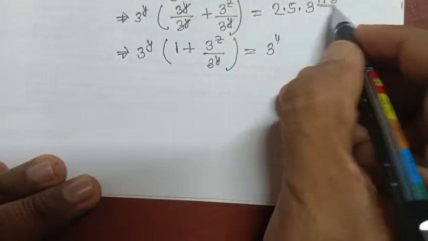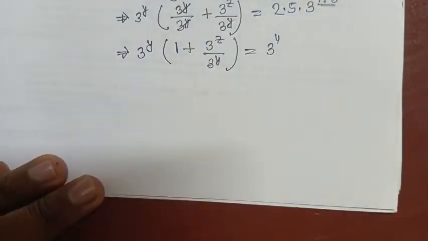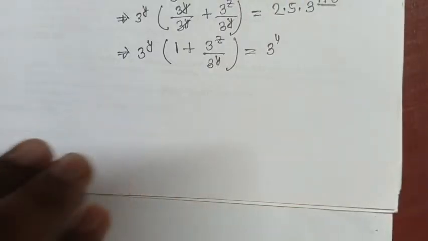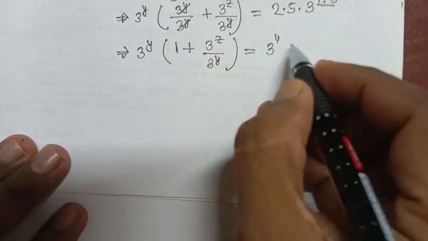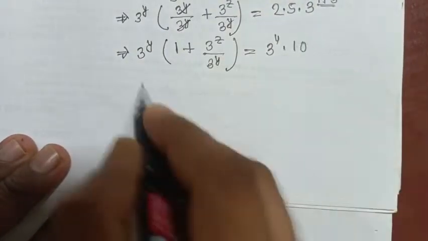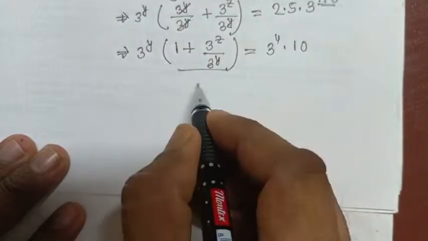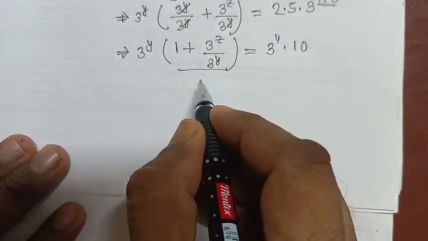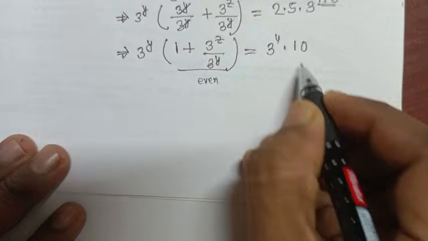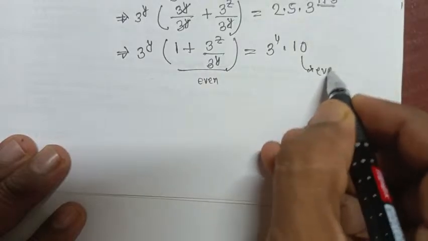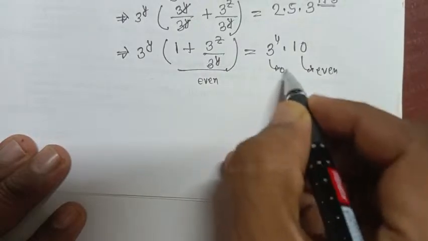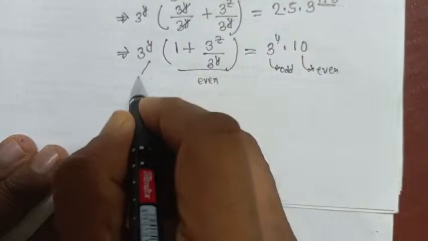If we sum this, we shall get 3 to the power 4 into 10. Again this is an even part and this is an even part, this is odd and this is odd.